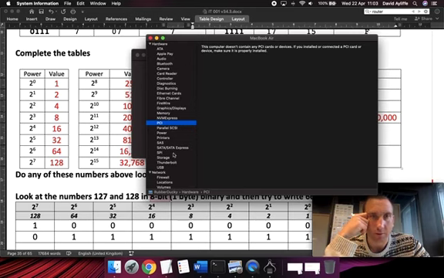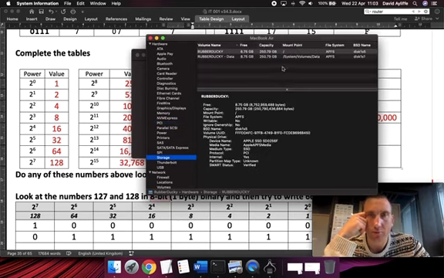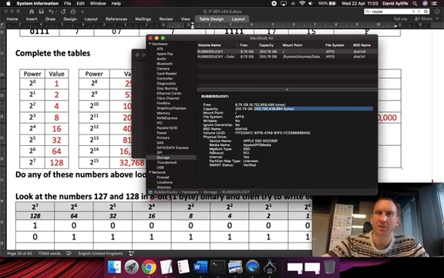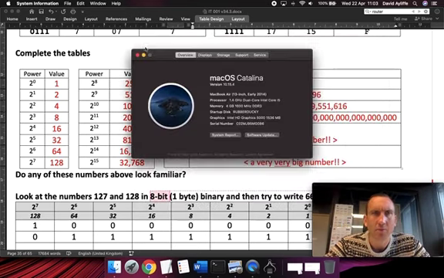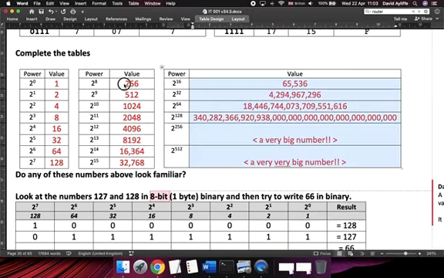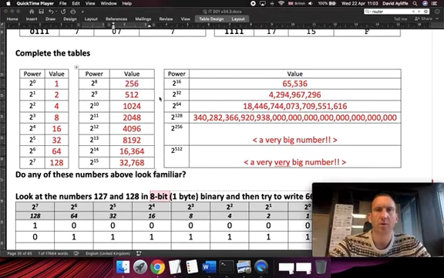Storage capacity, 250 gigabytes. Maybe there's a hidden partition somewhere. 250 gigabytes is not a reasonable number. It should be 256. So there's probably some hidden system partition somewhere.